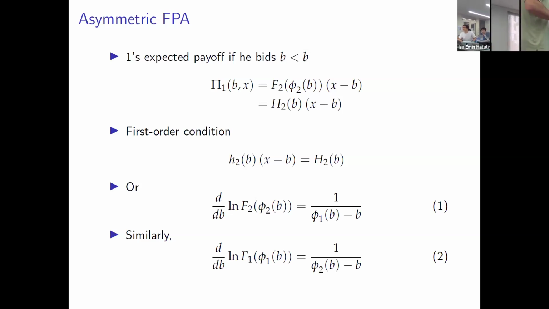In order for this to be an equilibrium, this needs to be maximized when b is equal to beta of x, or equivalently when x is equal to phi 1 of b, right? So let's differentiate this with respect to b. Then I get h of b. Actually, let me do it the longer way. By differentiation, I get.